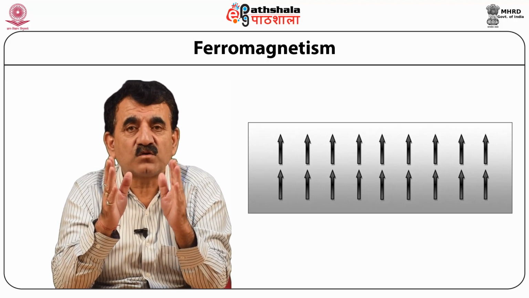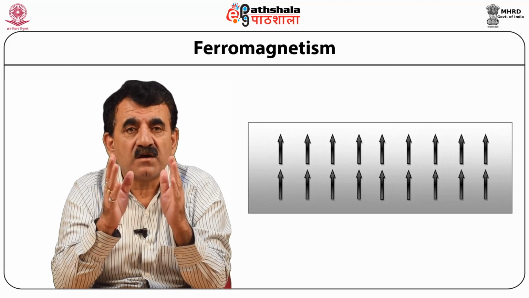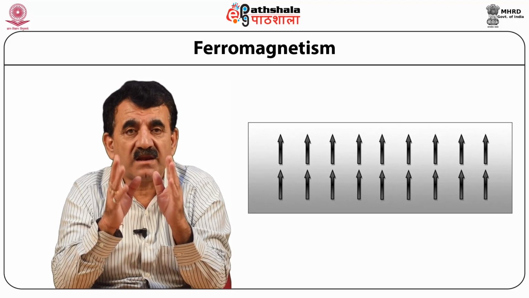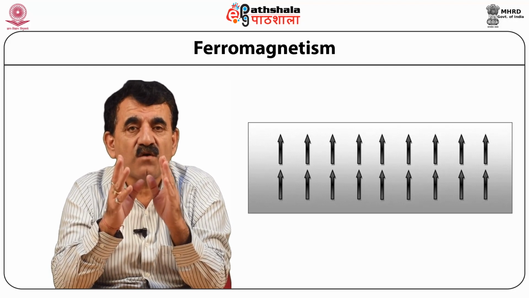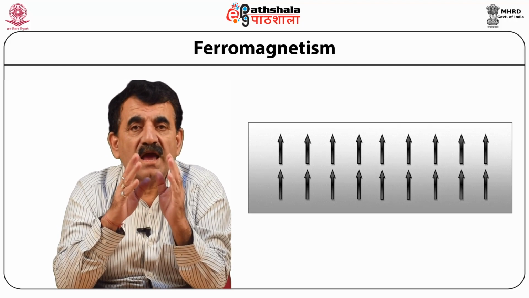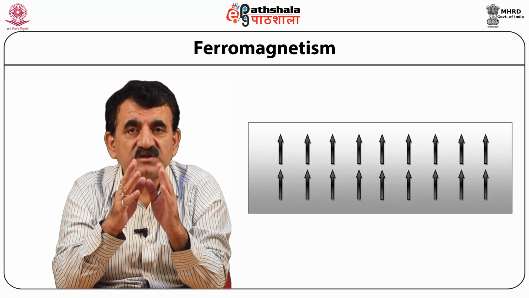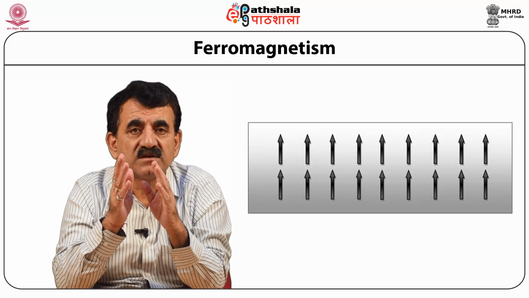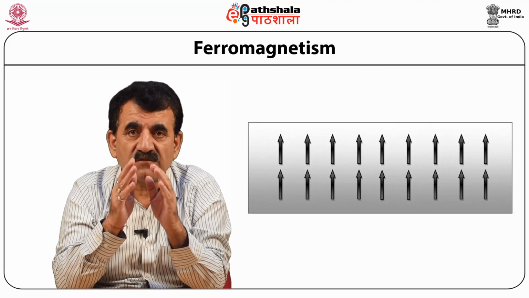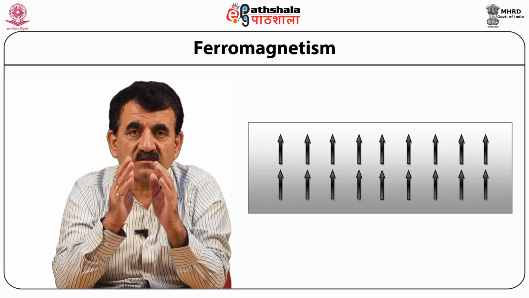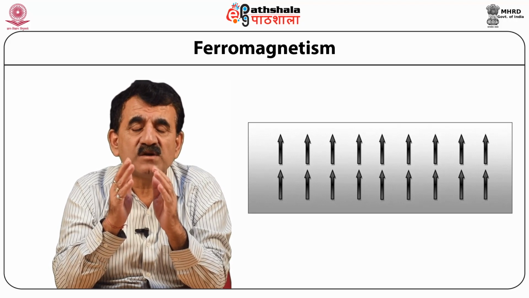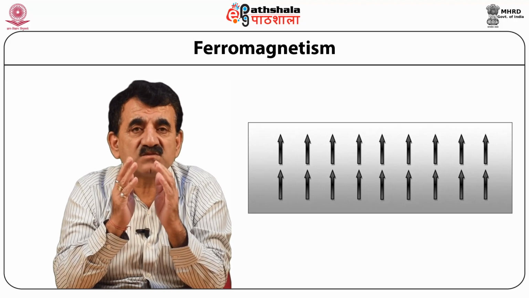The maximum value of the total spin S allowed by the Pauli exclusion principle, and the maximum value of the orbital angular momentum L consistent with that value of S. The value of total angular momentum J is equal to L minus S when the shell is less than half filled, and J is equal to L plus S when the shell is more than half filled.